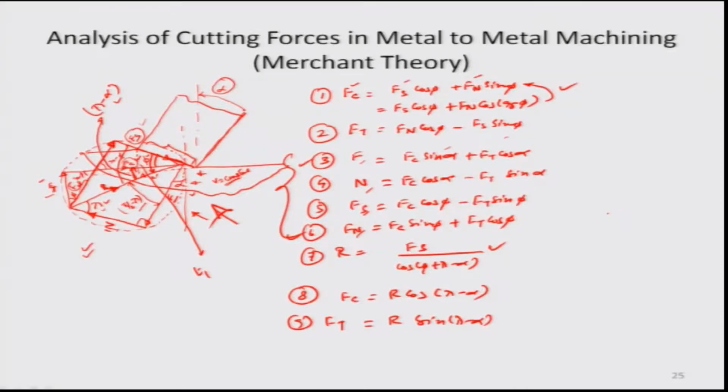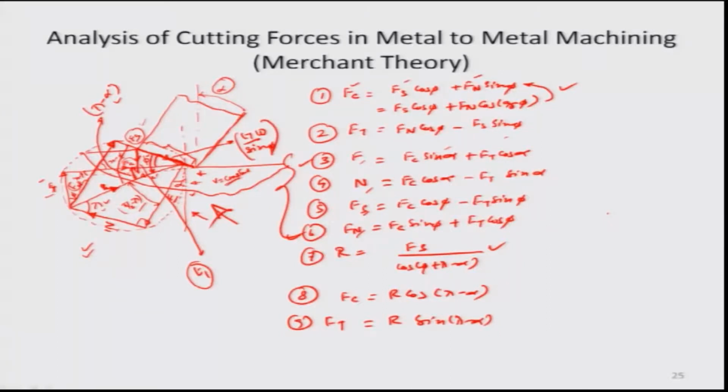So, the component of this T1 along the shear plane is basically T1 by sin phi. And if I assume the width of the cutting zone, coming out of the page or going into the page, as W, this is the total area that this face would have.